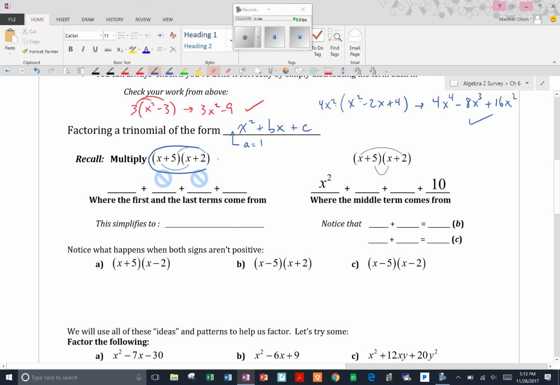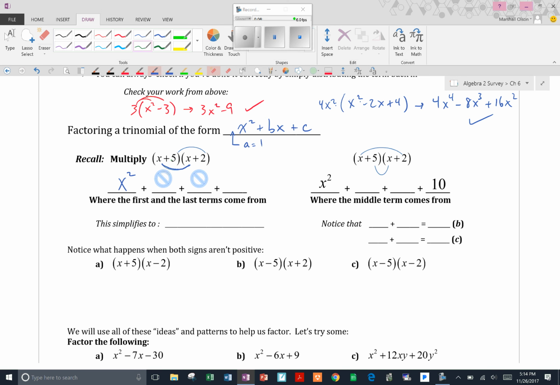Now, we're going to look back at our distribution here to get us going. If we were going to multiply something like x plus 5 times x plus 2 together, I just want you to think about where the first and the last terms come from. The first and last terms come from multiplying the x times the x, which gives us x squared, and then the 5 times the 2, which gives us the 10.